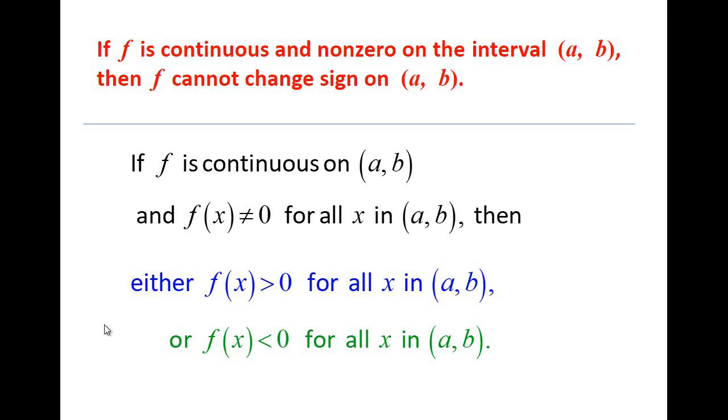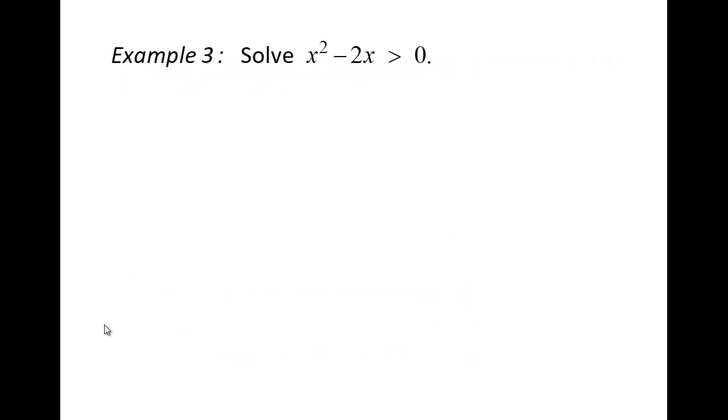Okay, let's look at the question. We want to solve x squared minus 2x greater than 0, and that is, we want to find the values of x for which the polynomial x squared minus 2x is positive. Factoring, we can factor the polynomial here, and we get x times x minus 2, and so the given inequality is the same as the inequality x times x minus 2 is greater than 0.